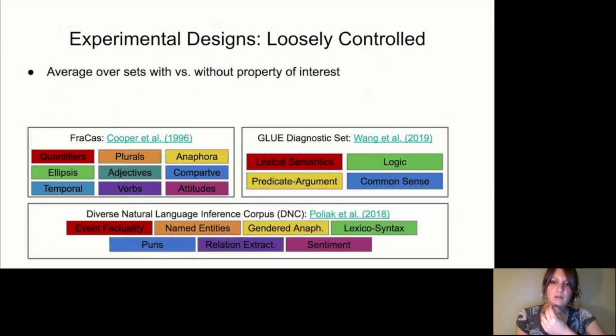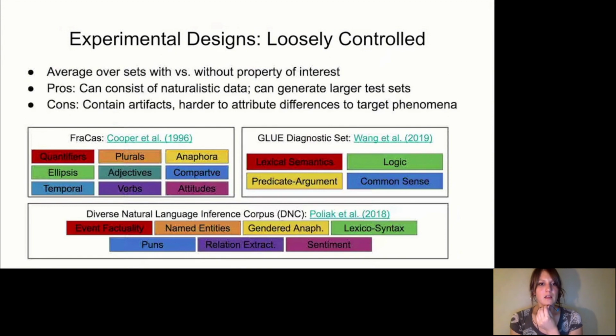There's a Poliak et al. work from 2 years ago that similarly did this kind of recasting approach where you look at different types of linguistic phenomena, everything from factuality and lexical syntax to my personal favorite, puns, one of the most important core linguistic phenomena we need our models to understand. And so you can look at performance across these different types of tasks and compare relative strengths and weaknesses that way within a model and also across models.